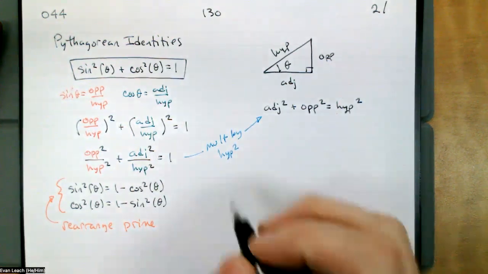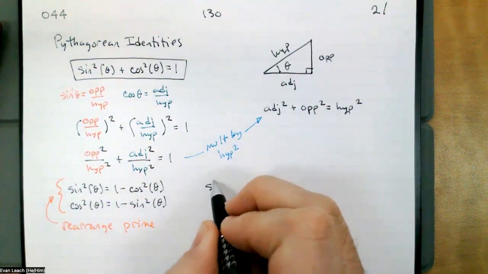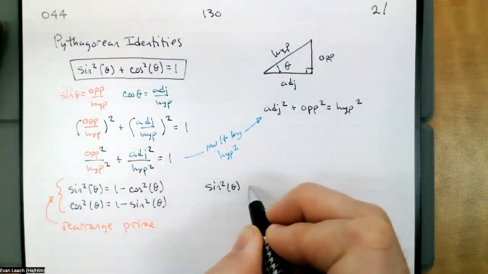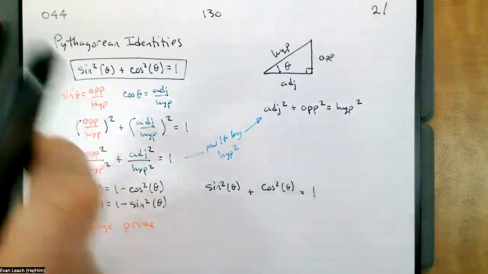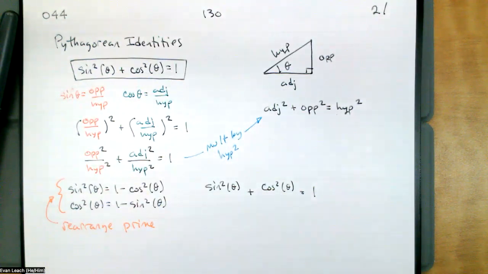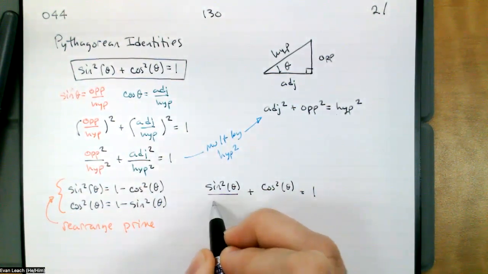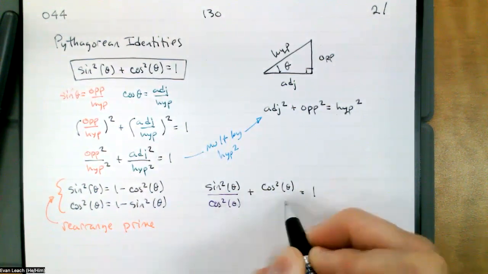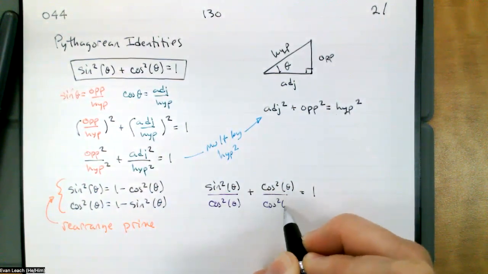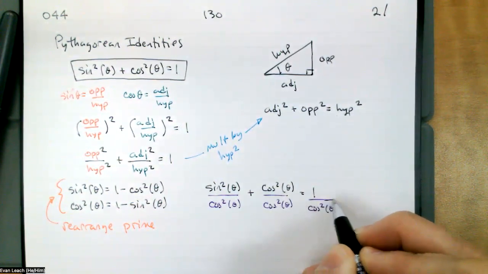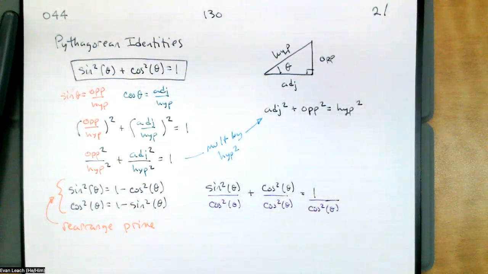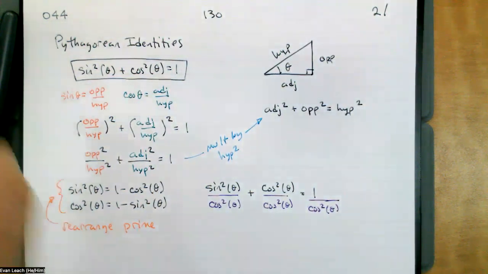So if we take our Pythagoras Prime and divide everything by cosine squared, then we get the tangent and secant variation of the Pythagorean identities.